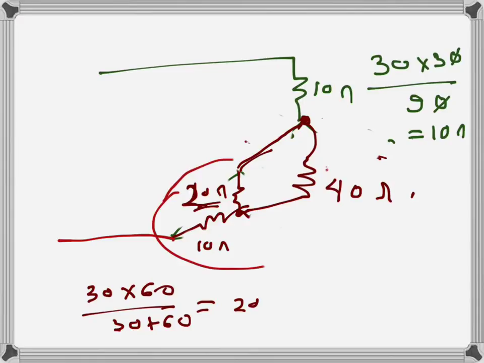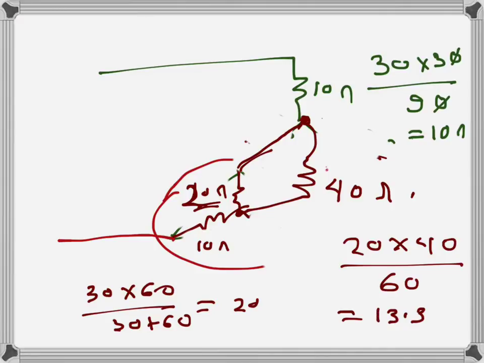So 20 ohms and 40 ohms, these two are coming in parallel. The parallel equivalent will be 20 times 40 divided by 20 plus 40, that will be 800 over 60. So we will have 40 divided by 3, that will be 13.33 ohms.